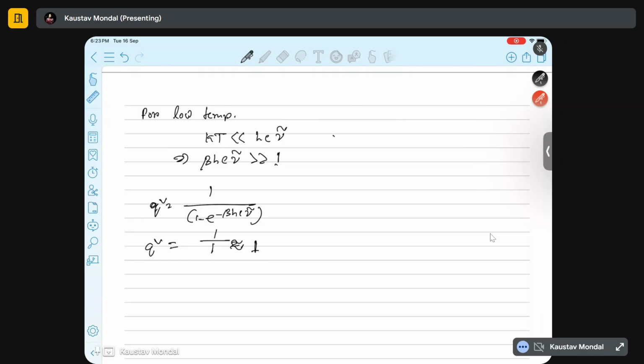Now for the high temperature case, that means kT would be greater than hc nu tilde. In that case, beta hc nu tilde would be much smaller than 1. So what would be the expression of QV? QV becomes 1 by 1 minus e to the power minus beta hc nu tilde.